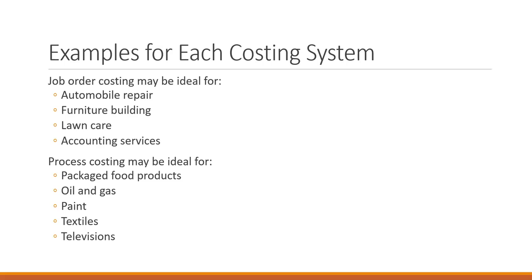Job order costing is used in service industries, individual places where you can customize things, so furniture building, automotive repair, house construction, so anything in which we can customize a product. Process costing is ideal for mass-produced things, packaged food products that have all the same process for canning or bottling. Oil, gas, paint, textiles, televisions. There are multiple things that get mass produced.